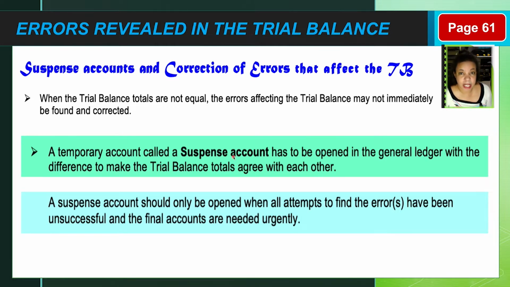Now, what does suspense mean? Suspense means that you don't know, you are uncertain of something. So the suspense account is only supposed to be temporary because eventually we have to find that error. We have to find it. Okay, so it is temporary. We cannot be in a permanent state of suspense.